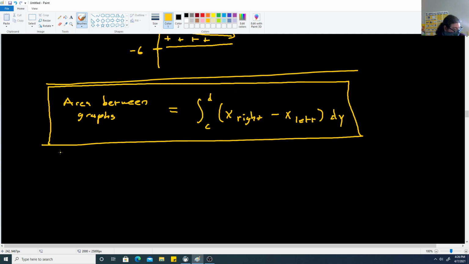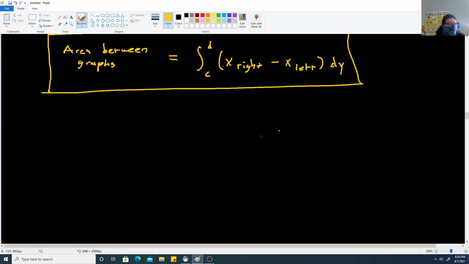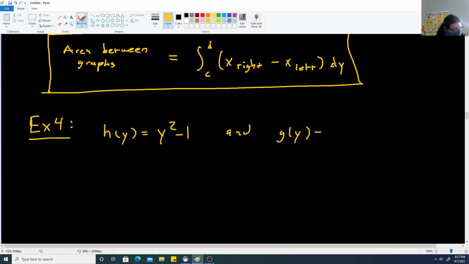So our final example, they're going to give us a graph, and they're going to tell us what the equations are, and they want us to calculate the area between them. For this one, h of y is y squared minus 1, and g of y is y squared minus 1/8 y to the 4th plus 1.